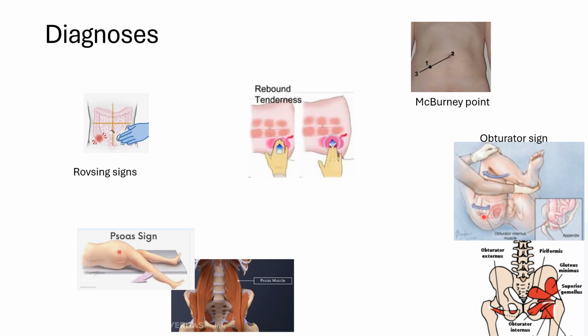As we rotate the patient's right hip, the patient will start to have pain. The inflammation that is happening there puts more pressure on the abdominal muscle, as you see here. That's why the patient feels pain, and the name of this exam is obturator sign.